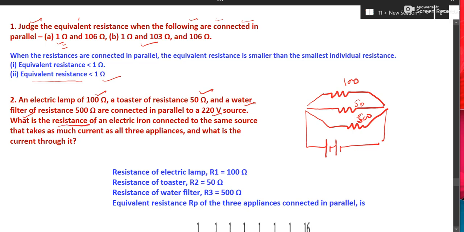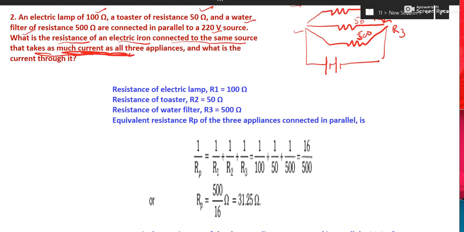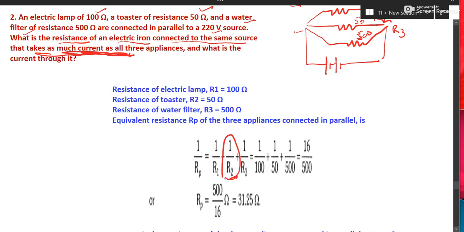What is the resistance of an electric iron connected to the same source that takes as much current as these three are taking? So this is my R1, this is my R2, this is my R3. I can find out the net resistance in parallel: 1 by R1 plus 1 by R2 plus 1 by R3. Substitute 100, 50 and 500, take LCM, it will come this much, then reciprocate.